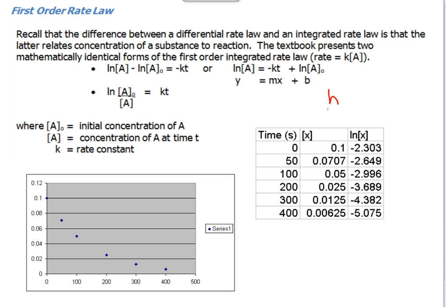If you were to graph the natural log of A versus t, you would get a nice line, a nice linear relationship. This graph here, which is real fake data, we have not taken the natural log yet.